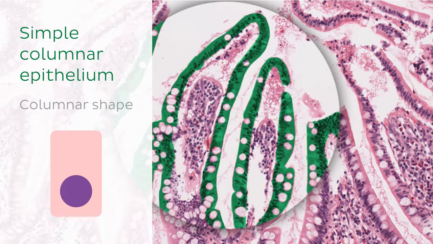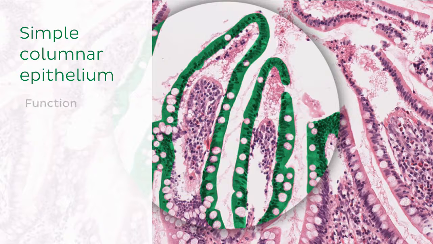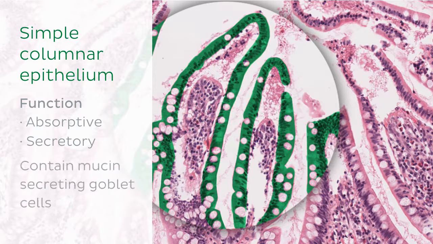We can see this in our micrograph where the nuclei or purple blobs are located towards the basement membrane. These cells can have either absorptive or secretory functions. For example, here we see that the simple columnar cells contain mucin-secreting goblet cells, which are the pale pink circular structures you can see in the micrograph, and I've circled a few of them for you here on our image.